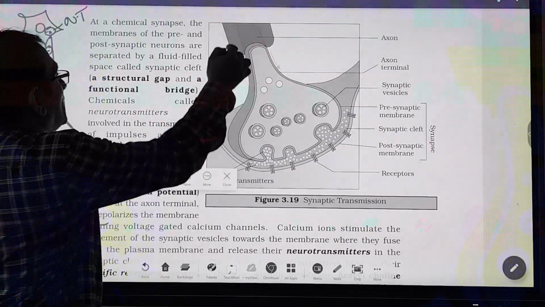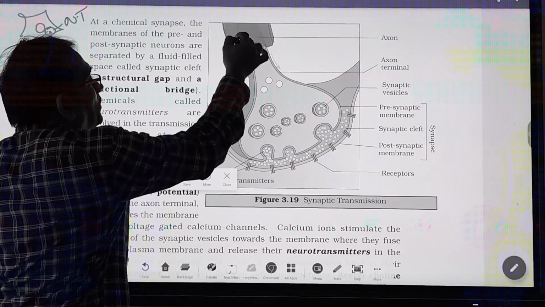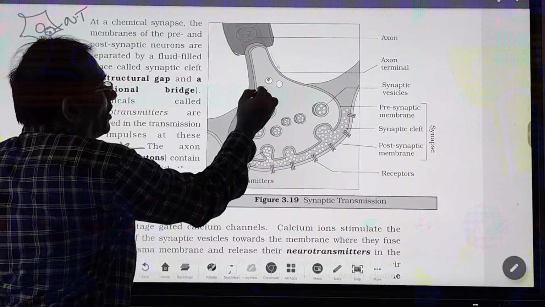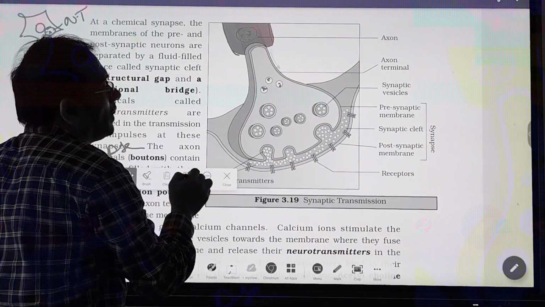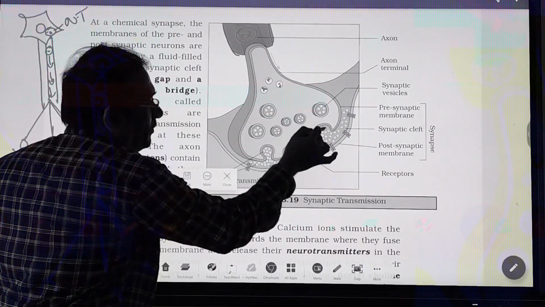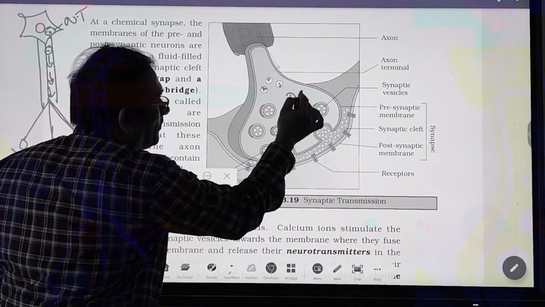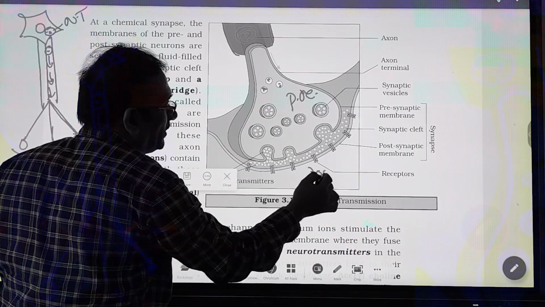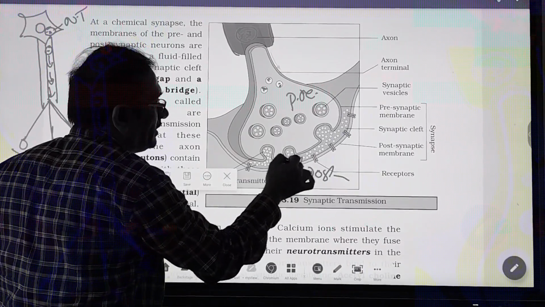Look here, this is the axon. A neurotransmitter with a bag is coming. These are the neurotransmitter filled bags. This is the axon terminal. When they reach the axon terminal, this is the presynaptic region, this is the postsynaptic region, and this is the synaptic region.